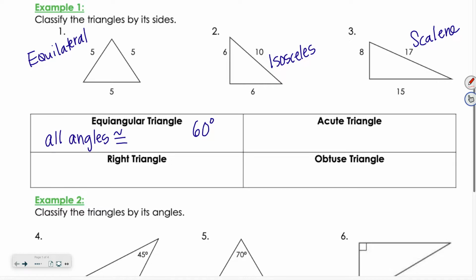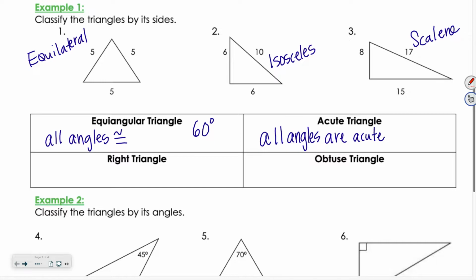An acute triangle has all angles acute. So technically, an equiangular triangle is also an acute triangle, because if they're all 60, then it's also an acute triangle. But we're going to write the most specific that we can.